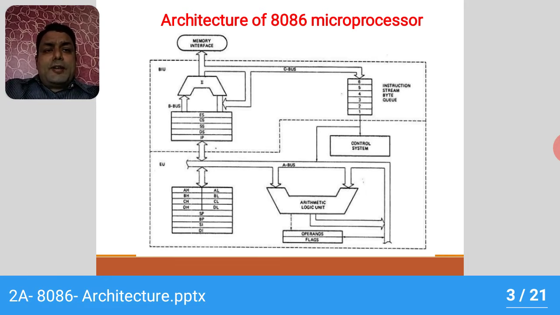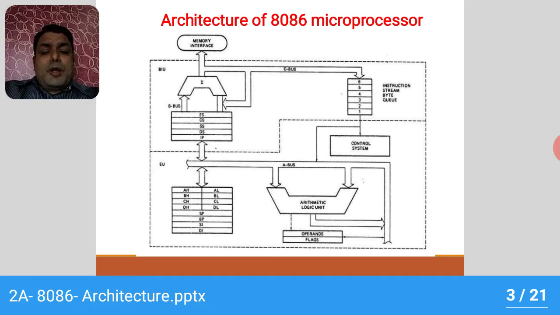Dividing the work between the two units, BIU and EU, will speed up the processing of the microprocessor. Hence, it has more speed when compared to the 8085 microprocessor.